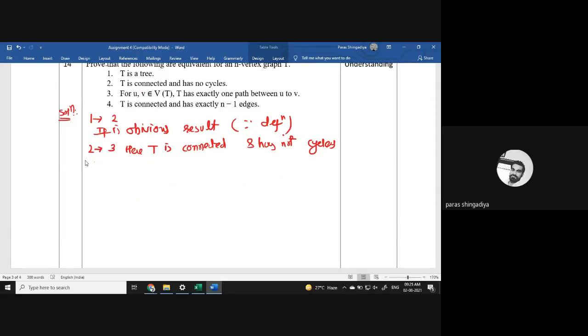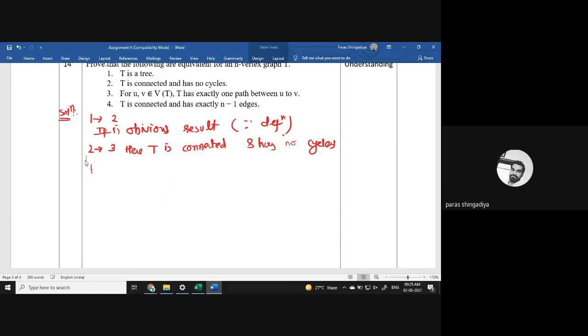And we have to prove that for any u, v belonging to V of T, T has exactly one path between u and v. That we already discussed as a separate result: there is one and only one path between any two vertices in a tree graph. So we have to connect that here. Here T is a connected graph with no cycle. Then you have to prove that for any two vertices of T, there is exactly one path between u and v.